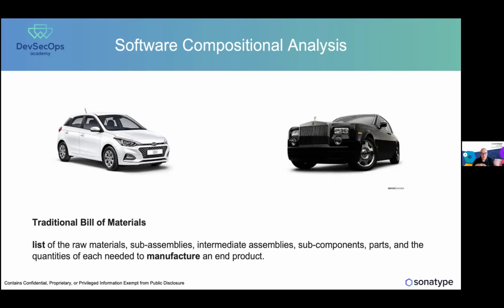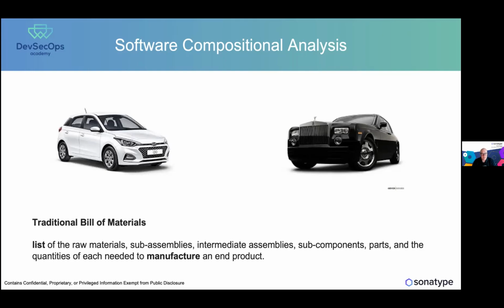You appreciate that the one on the left, a small Hyundai, is a relatively modest small family car, but a Rolls-Royce Silver Shadow is a not so modest automotive legend in a lot of cases. So what do they have in common?